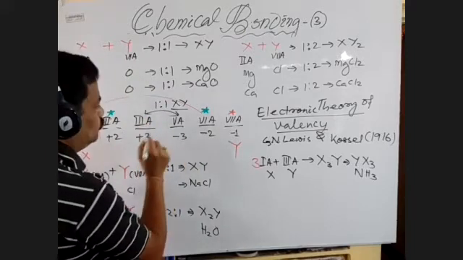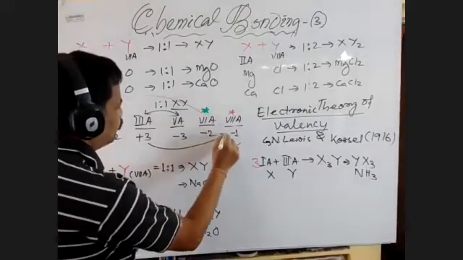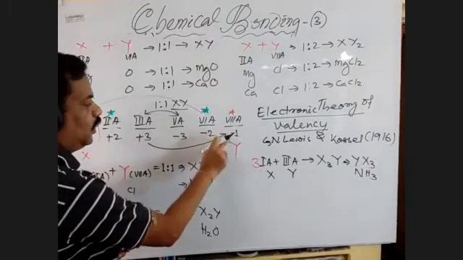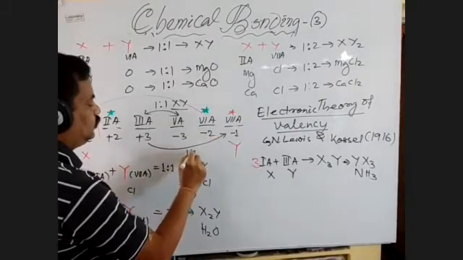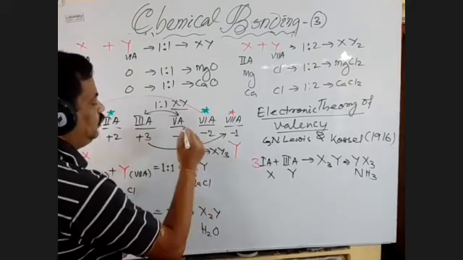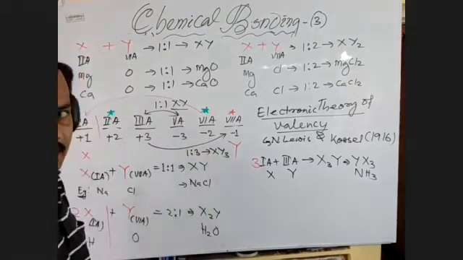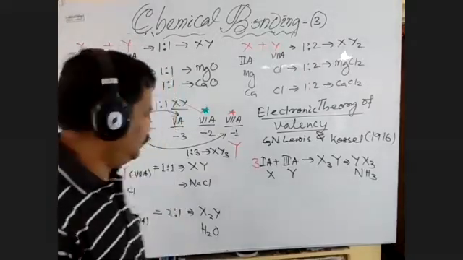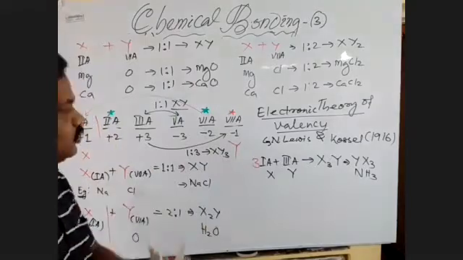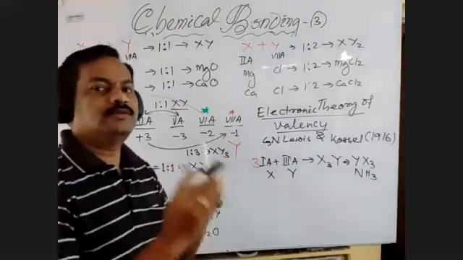If this combines with this one, so here 3, here 1. That means 1 is to 3 ratio. The formula will be XY3, like AlCl3, aluminum chloride. So these are called the electronic theory of valency, how the combination takes place.